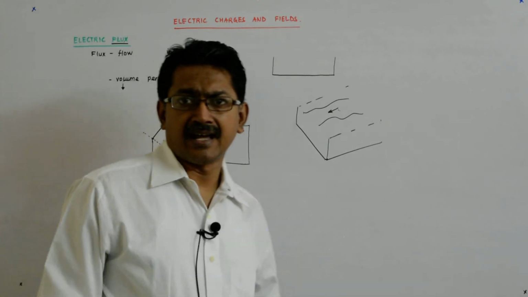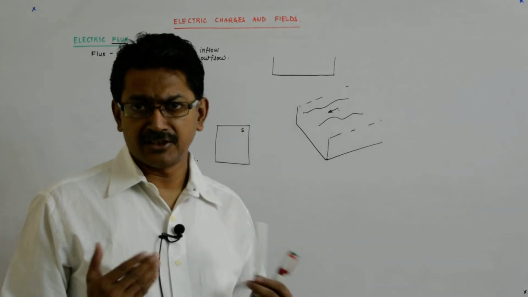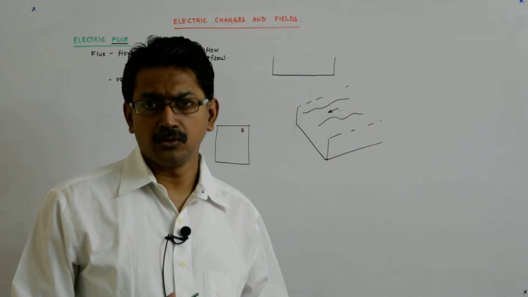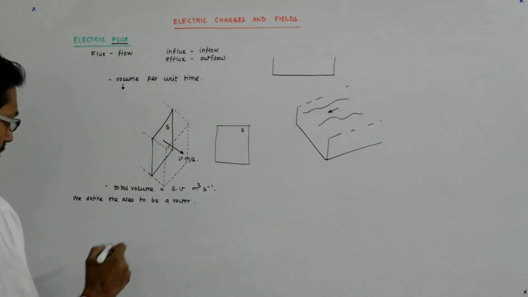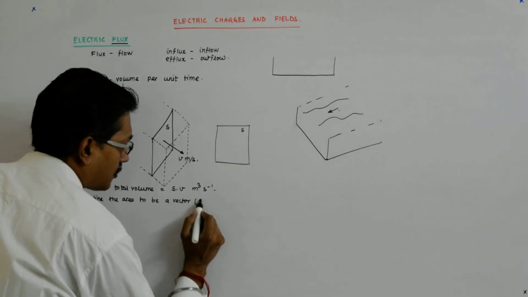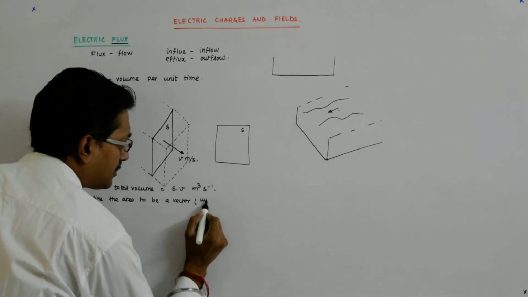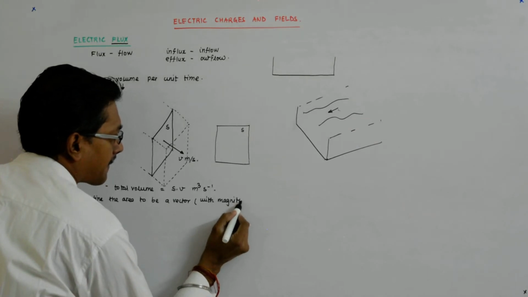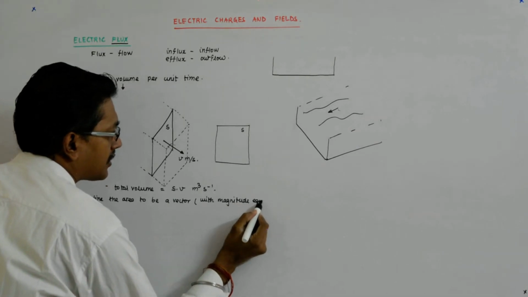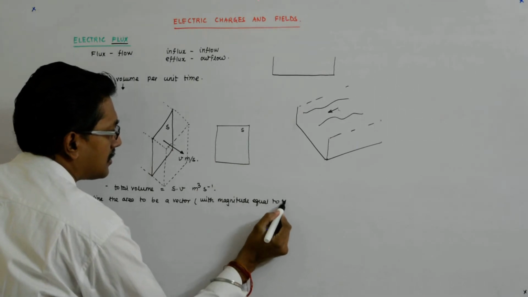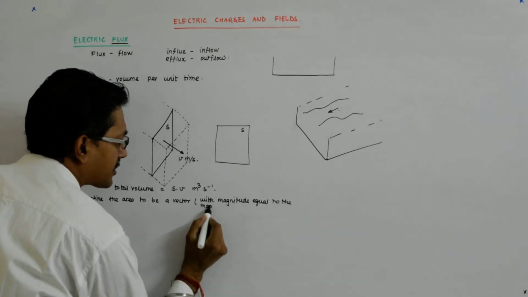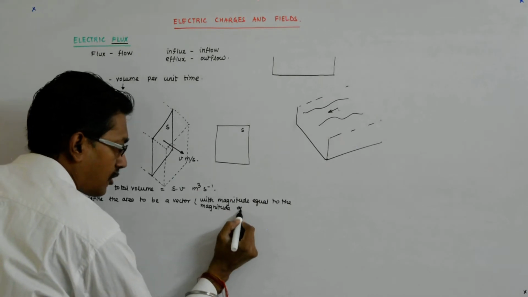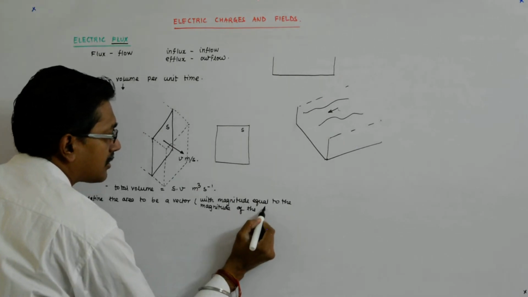Now a vector has both a magnitude as well as a direction. So the magnitude of the vector is equal to the magnitude of the area.